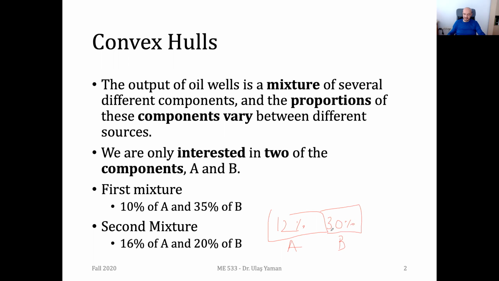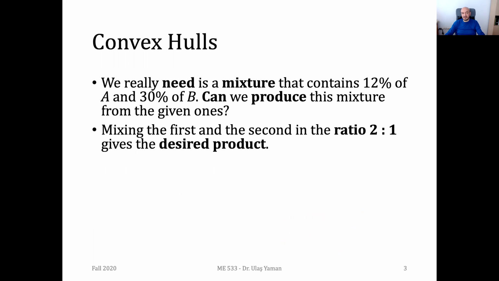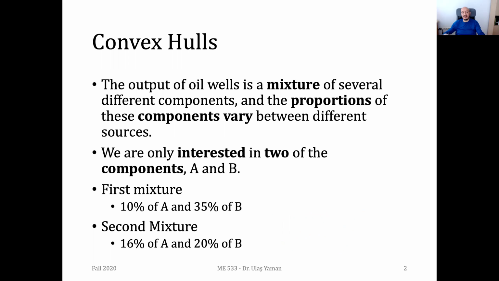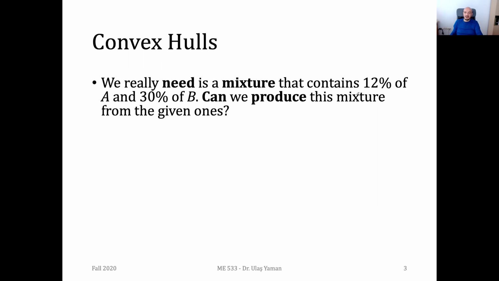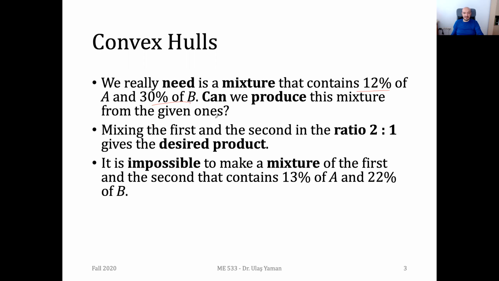We say that this is possible, since if you have the ratio 2:1, which means 2 units of the first mixture and 1 unit of the second mixture from the previous slide, then the resulting mixture will have 12% of A and 30% of B. This is easily obtained.